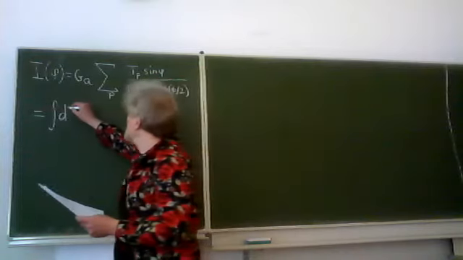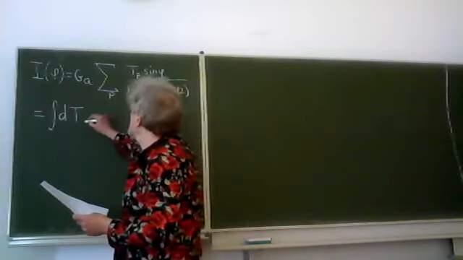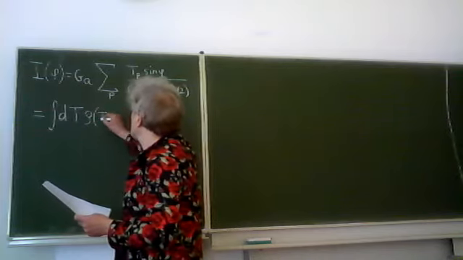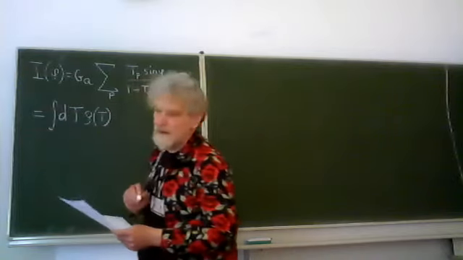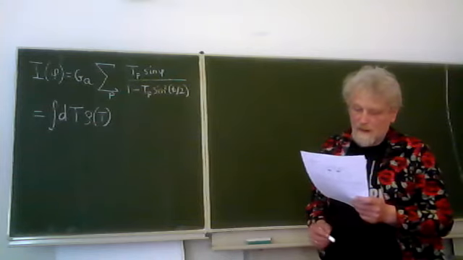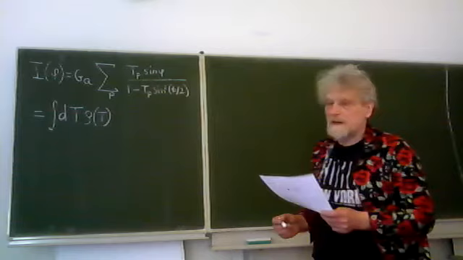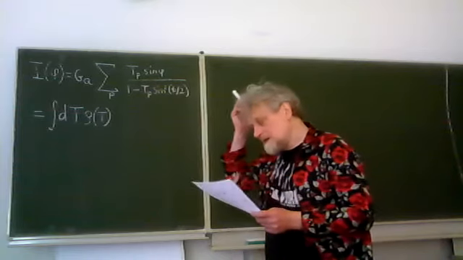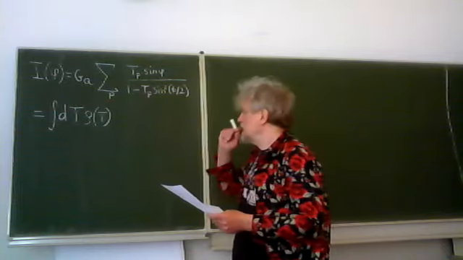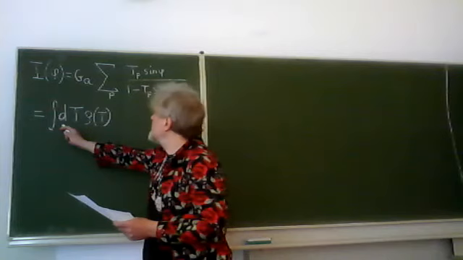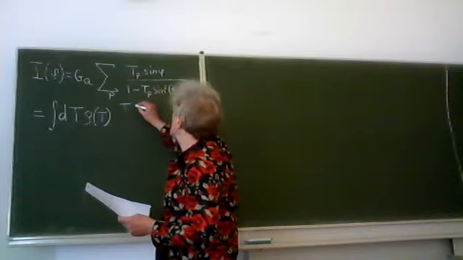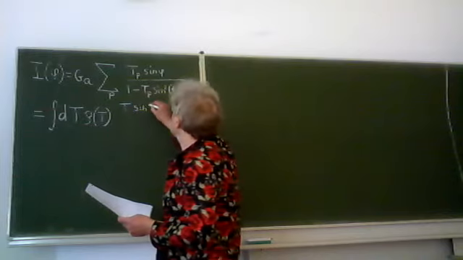Summation to integration, and the weight is here: the probability of transmission, the distribution of the channels, number of channels per interval of delta t. Okay, then the rest is following.